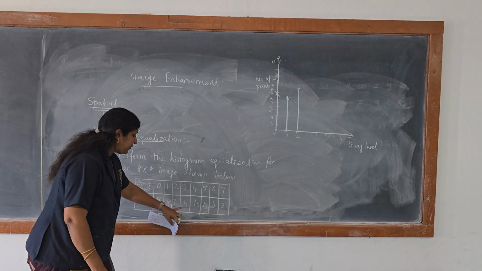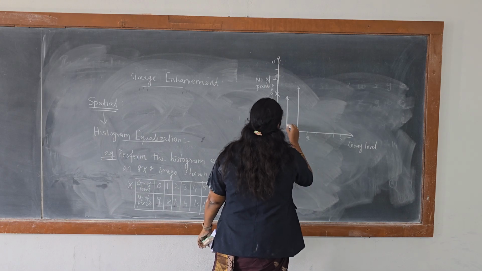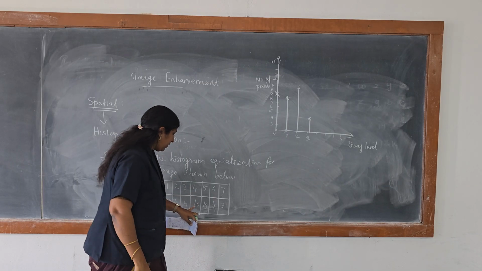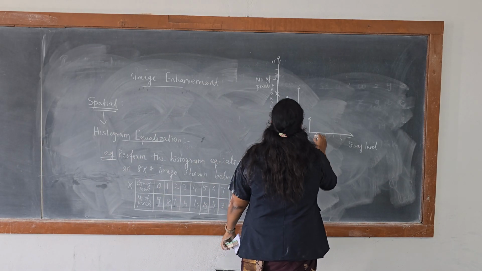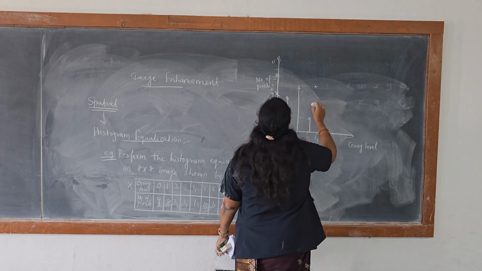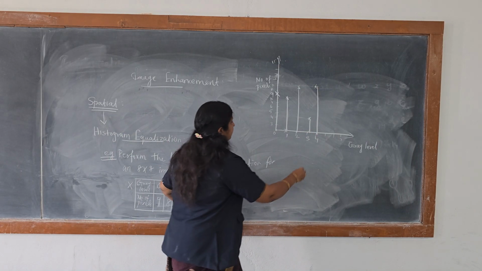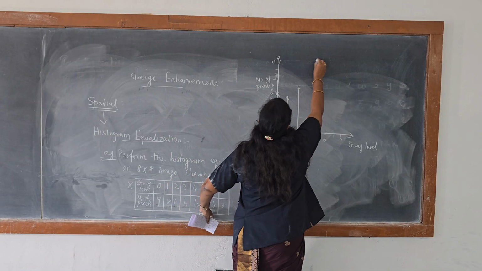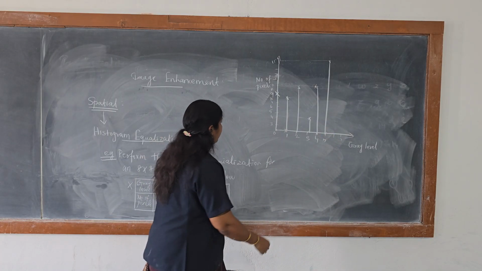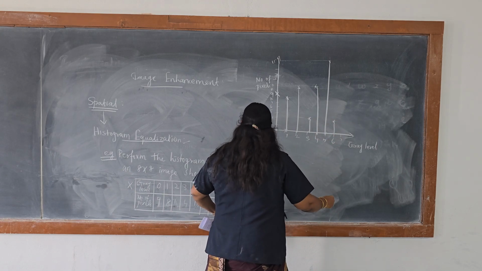And for the intensity value 3, the number of occurrences is 4. Finally, for 4, the number of occurrences is 10, then 5, 15, 6, 4, and 7, 3.